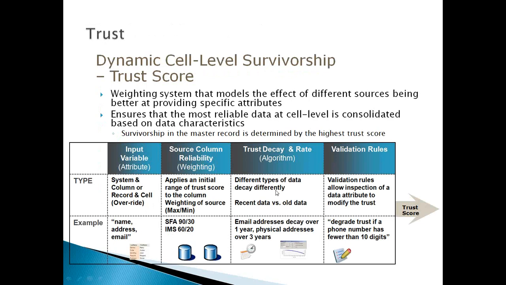The next is the decay period that we have to specify. Here it is mentioned that email address decays over 1 year, physical address over 3 years. This again comes from the business. Business can look into the data and analyze how frequently customers are updating their email addresses and their physical addresses.